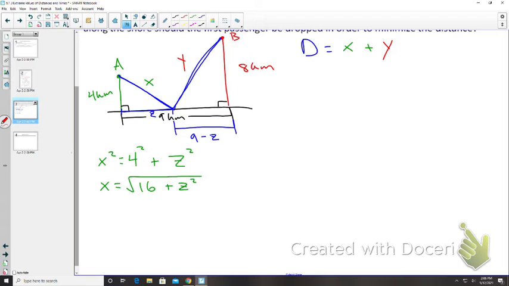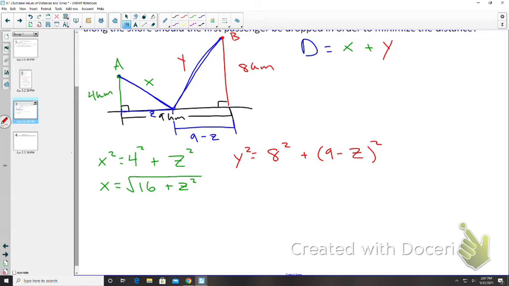Now let's solve for our y. y is our hypotenuse, so y squared is equal to 8 squared plus 9 minus z, squared. Sorry, I put the square root on there a little too early. I got a little excited. So y squared is equal to 8 squared plus 9 minus z squared.